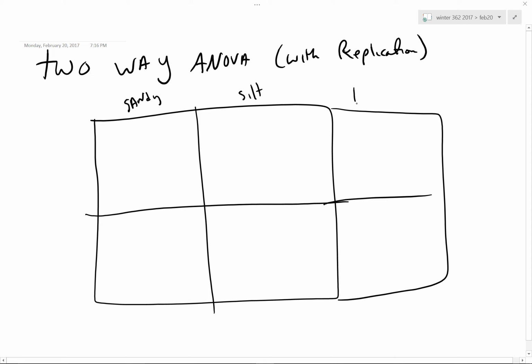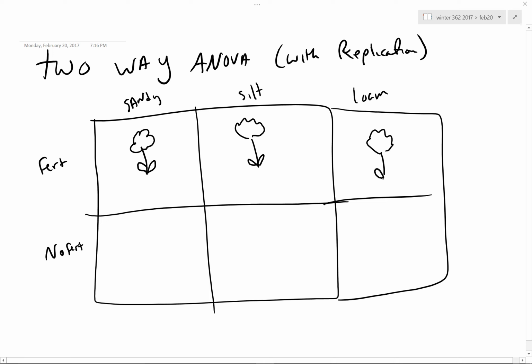And then this way I'm going to have fertilizer with no fertilizer. And I'm going to grow literally one plant in each one. At this point, you're getting pissed off because who would grow one plant?